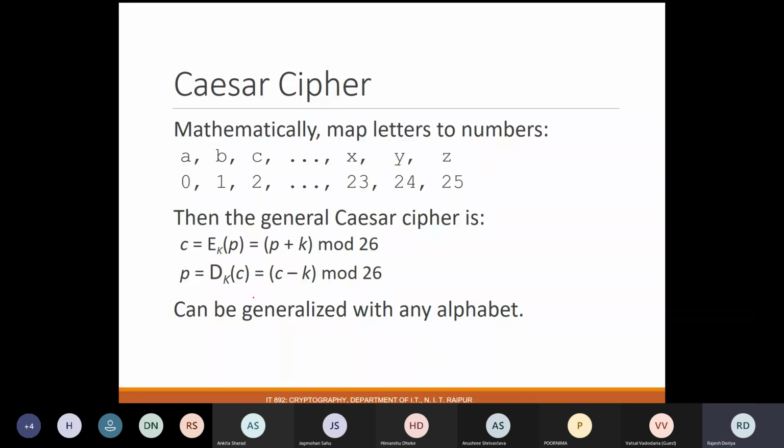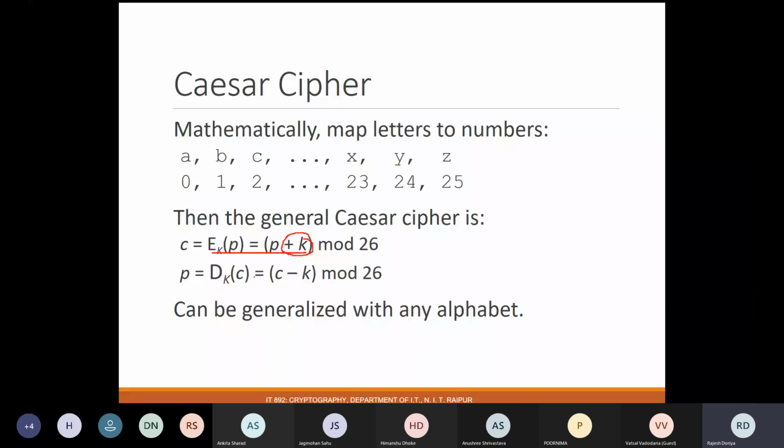Then if you try to represent the process of Caesar cipher mathematically, this is how you can represent it. This is the process of encryption, where the key is the number of positions by which a letter has been replaced. We can show it by this notation, meaning that we have replaced this particular letter by this many positions further down the alphabet.